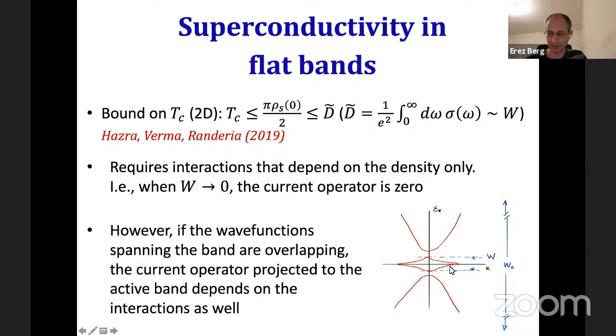So if the wave functions spanning this band are extended in space, basically if they overlap in space, if in particular the Wannier wave functions of this band are not tightly localized, then this bound actually doesn't have to be obeyed with the bandwidth of the active band.